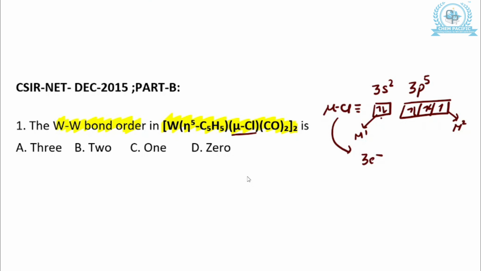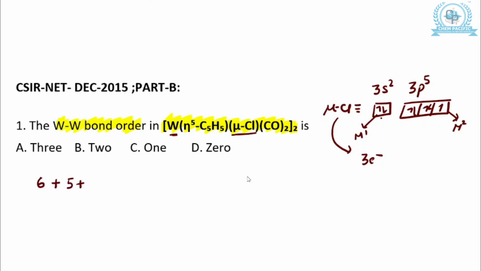Therefore, now let us add the electrons of this complex. Let us do the total electron count. Tungsten has 6 valence electrons, and this is in the eta 5 mode, so this is 5.